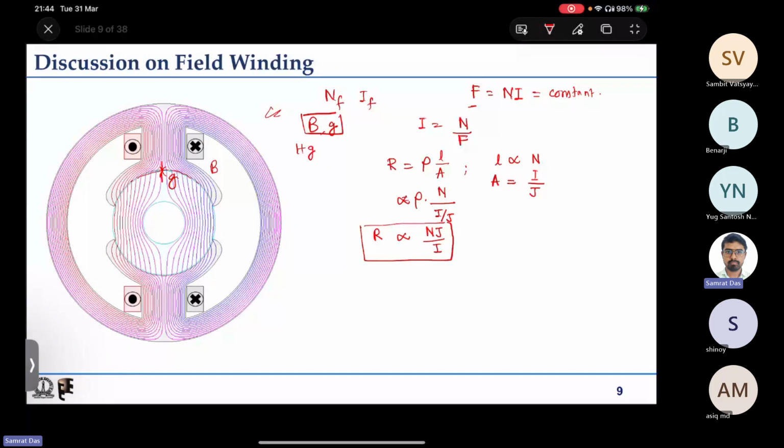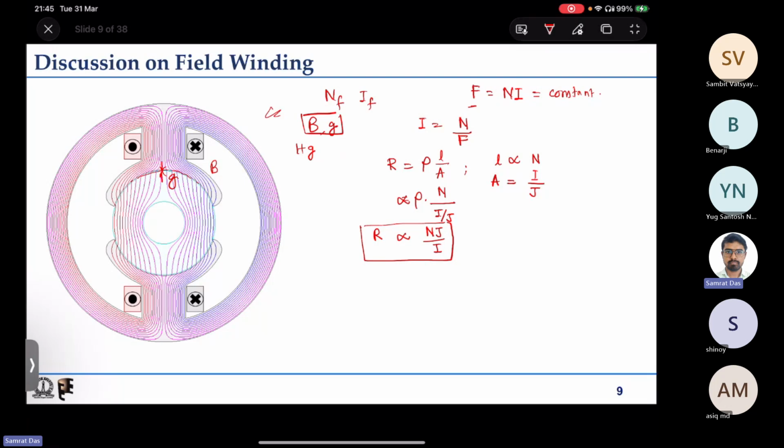Now when we are pushing this much amount of current, obviously we have some voltage constraint also, because the voltage constraint will come from the supply voltage that we have at our disposal. We can change that, but once we fix that, the maximum voltage that we can apply, we cannot change.